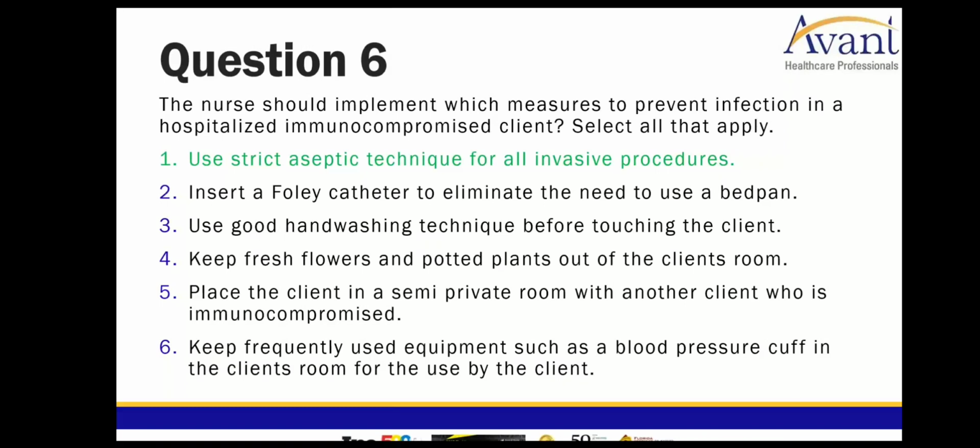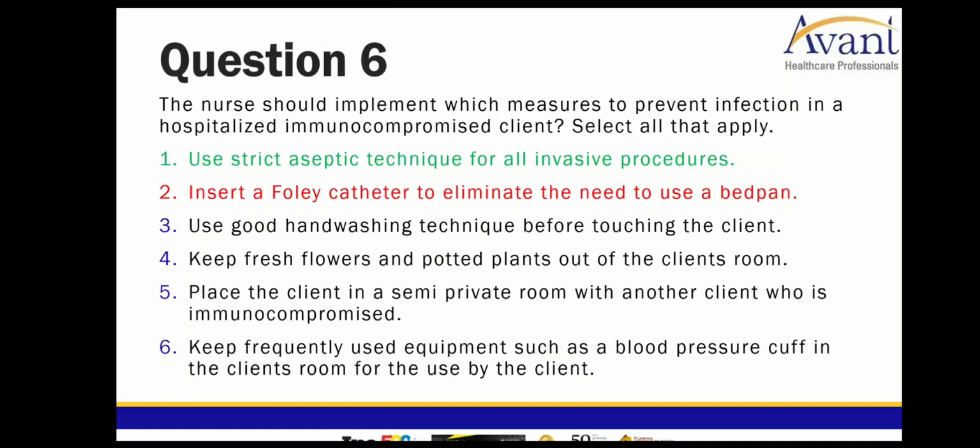We all know that Foley catheters come with their own high risk of infection and UTIs. So this is something we do not want to do with an immunocompromised patient. I will tell you that we see this less and less in the hospital. Unless there's a really good justifiable reason, Foley catheters are not placed as they used to be, when it was a little more common.